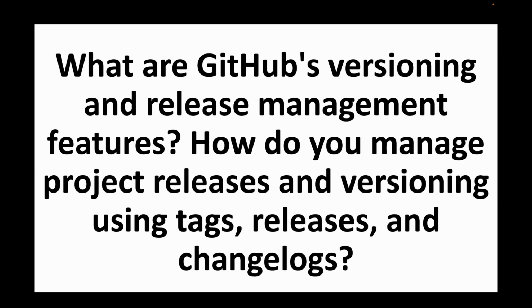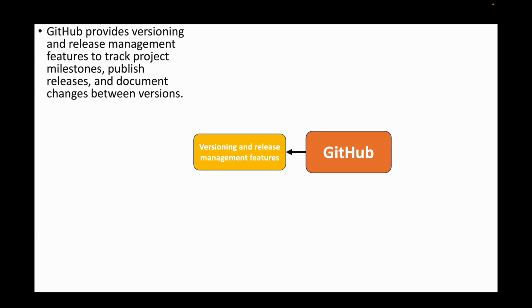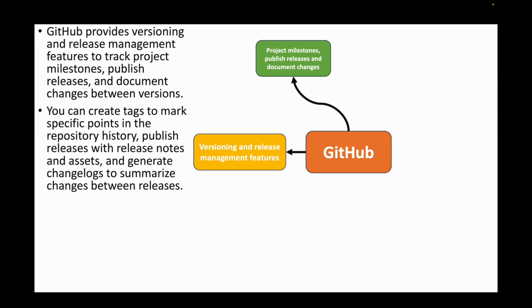The next question we have is, what are GitHub's versioning and release management features? How do you manage project releases and versioning using tags, releases, and change logs? GitHub provides versioning and release management features to keep track of the milestones of our project, publish releases, and document the changes between different versions of our code.